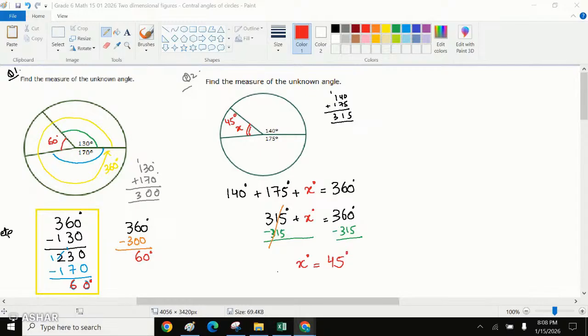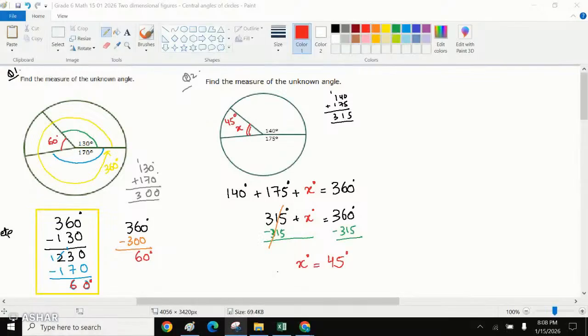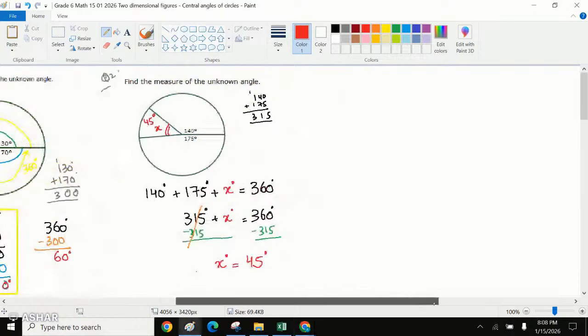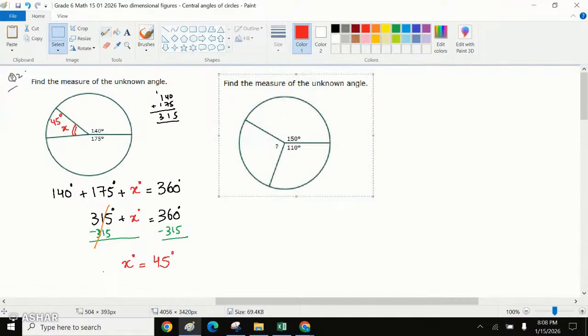Moving on. Thank you for the answer. Moving to the next question. We have the next question that says two angles. There could be three angles. There could be 100 angles in this. Okay, we are just considering the basics. We are looking at three angles only. For question number 3, it says find the missing angle.